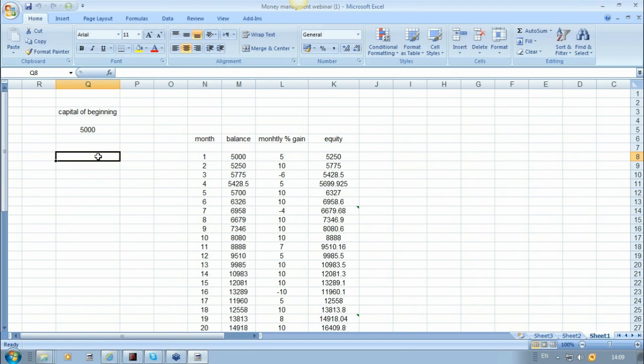I take the average, and everyone should understand that the lower the account, the smaller the growth is and the bigger the risk is.